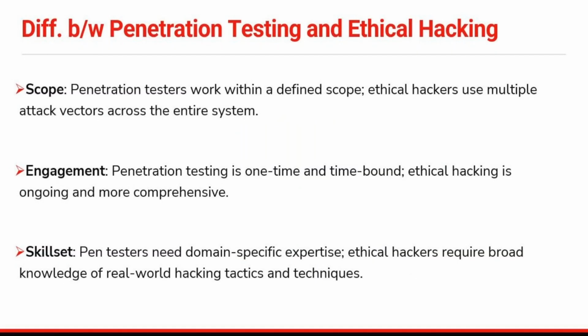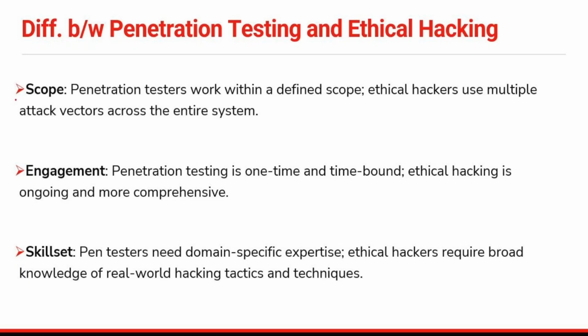So many of the times we have thought that ethical hacking and pen testing are the same thing, right? But when we talk about penetration testing, it is a structured security assessment that identifies vulnerability in the system. Ethical hacking is a broader practice of hacking legally to improve the security, right?